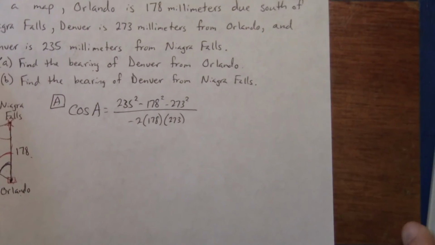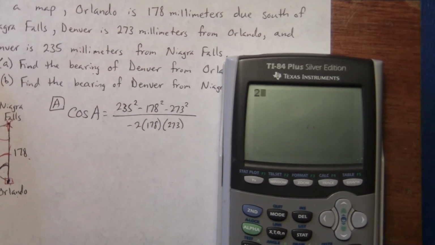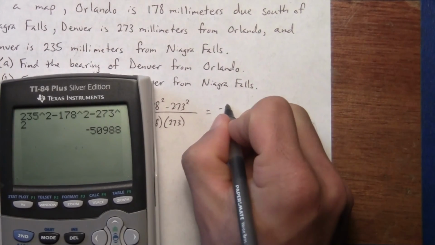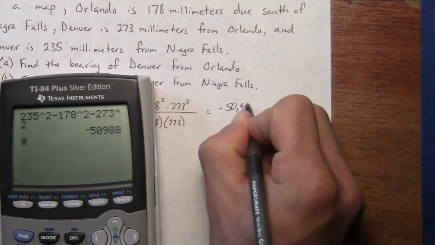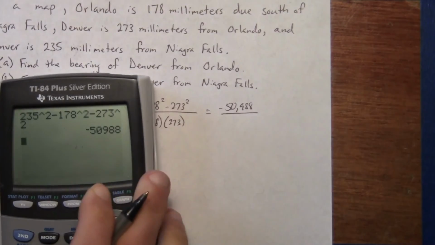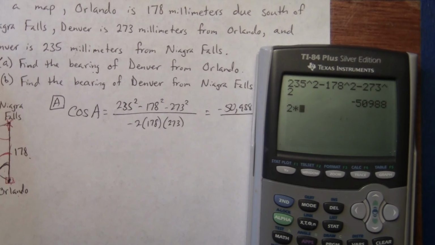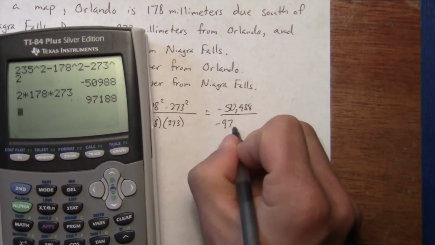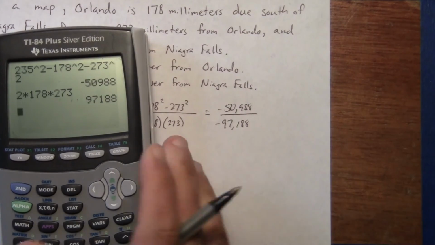And so, calculator time, 235 squared minus 178 squared minus 273 squared, and that should equal negative 50,988, divided by 2 times 178 times 273, and that's negative 97,188.